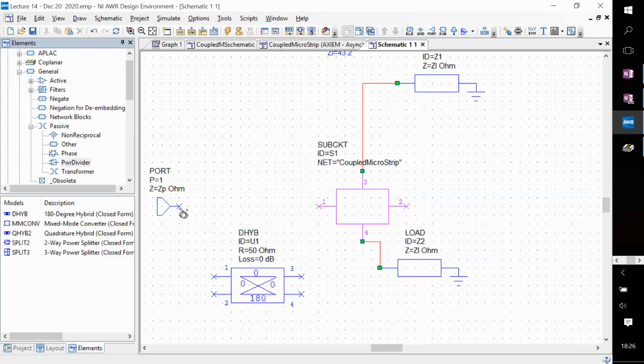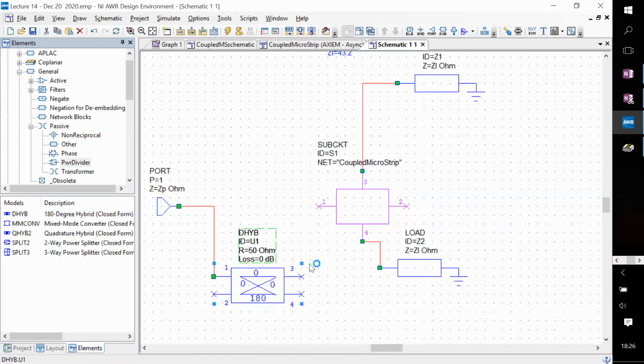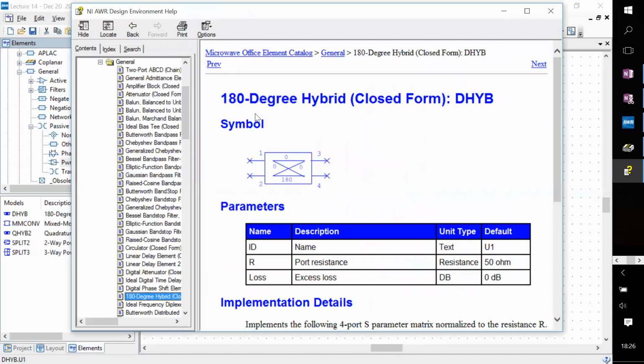a 4-port device, which is called 180-degree hybrid. Okay. We will be looking at this device, how to actually build this later on.